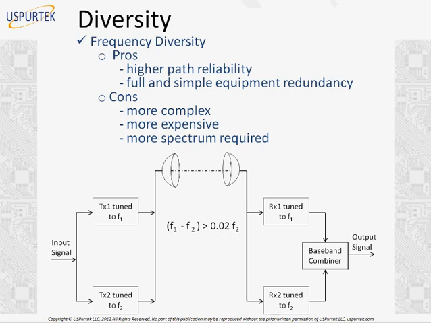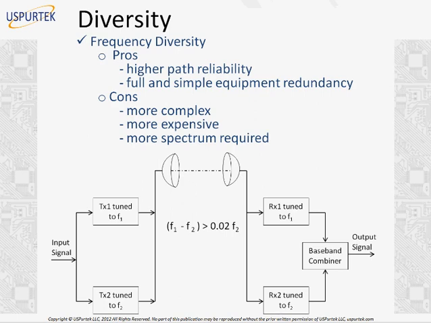Now let us see the pros and cons of this type of diversity. Pros: you have very high path reliability and full and simple equipment redundancy. You have two of each equipment: two transmitters, two receivers, and two of everything. There's a single antenna but two frequencies, and it's considered a wideband antenna on both sides.